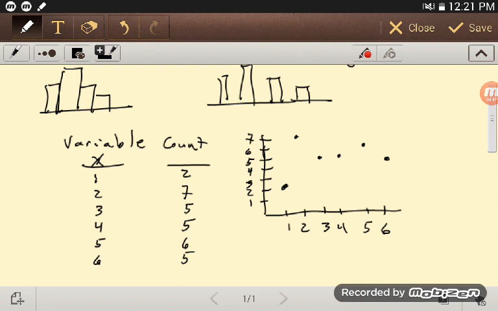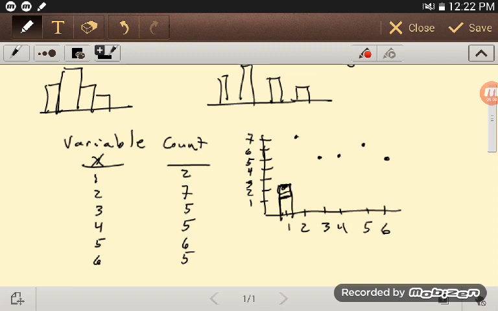So you see, I could just plot the data like that. Now, with these counts, if we're talking about a bar chart or bar graph, we could think of it as piling up stuff, maybe a bunch of blocks.